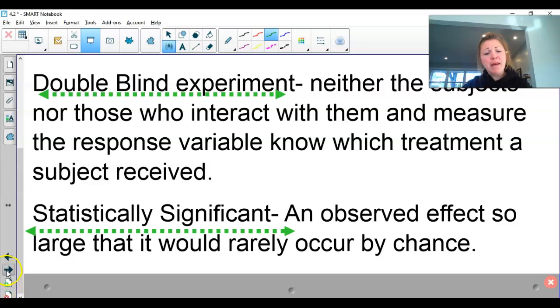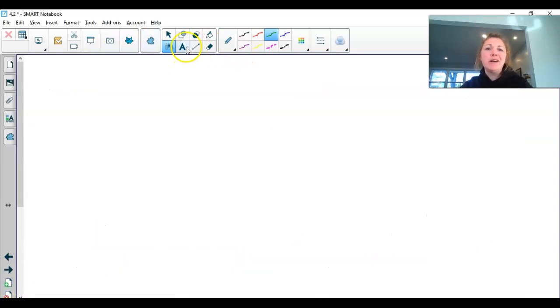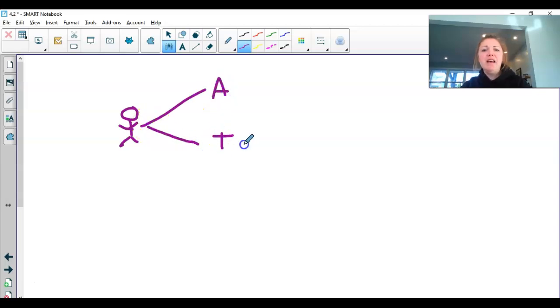Another example: let's say I did an experiment with a bunch of people about Advil versus Tylenol, and I had people measure their headache pain after 3 weeks.